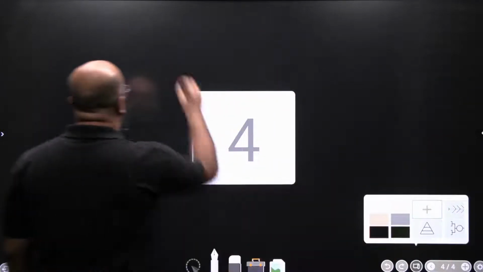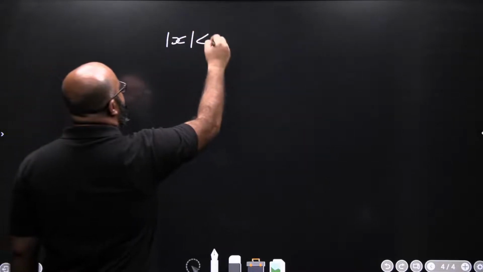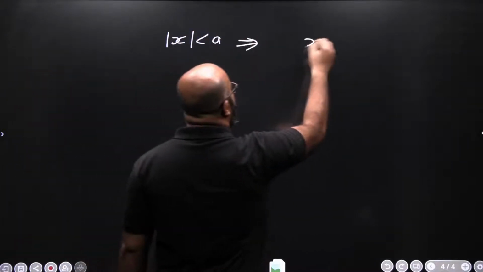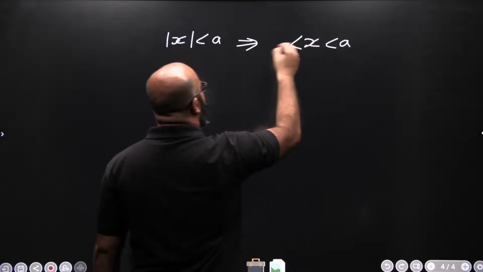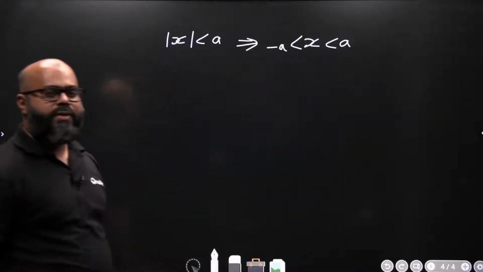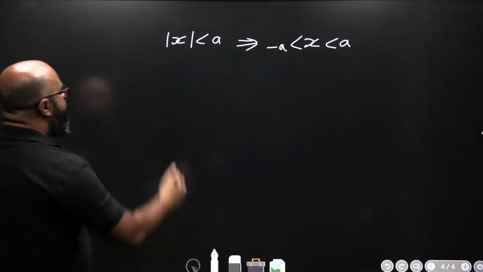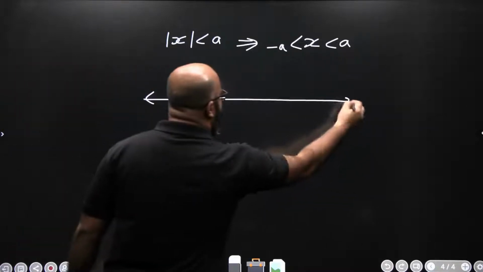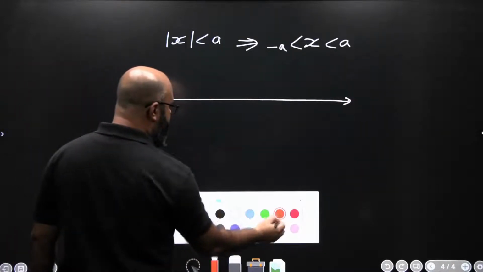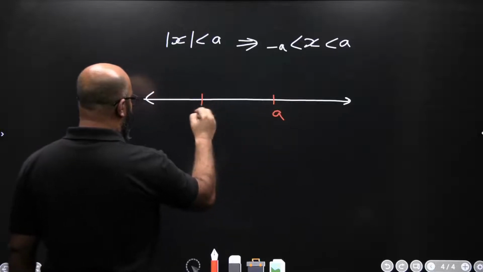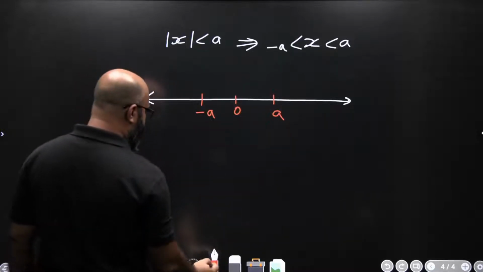Now, if mod x is less than a, what would happen to x? x will be between a and minus a. Now, why would we say that? That means that we have a here and minus a here, origin here.